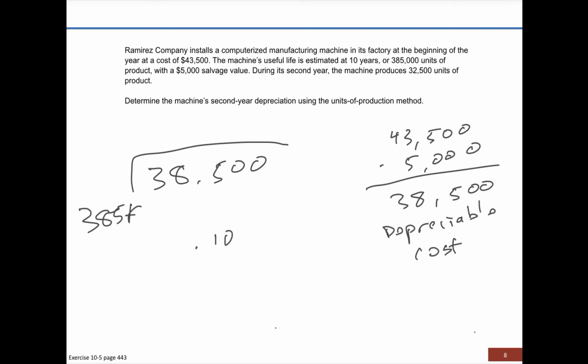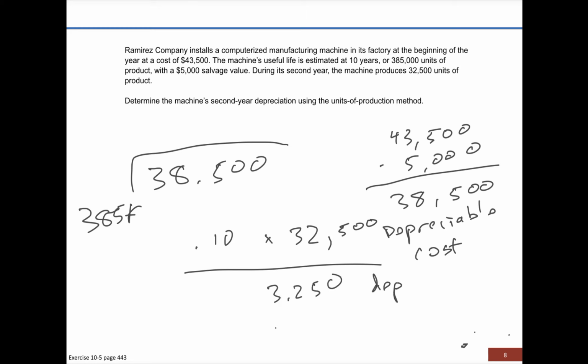So 10 cents per unit means that we will take 10 cents and multiply times 32,500, and what does that give me? 3,250. Is that right? You with me there?